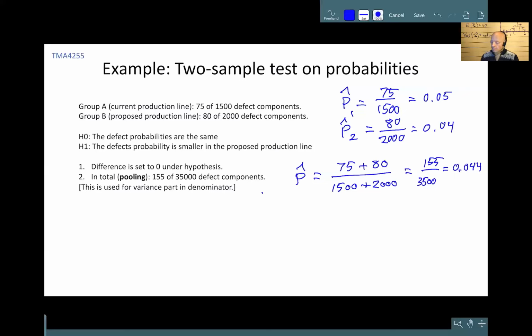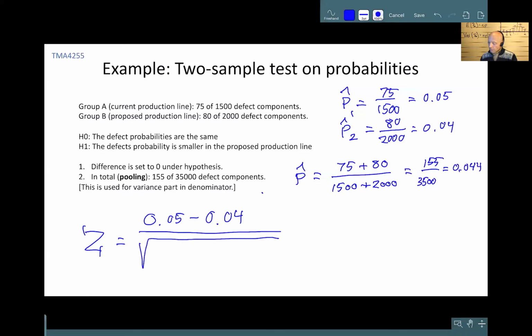And we can then compute z, which is 0.05 minus 0.04 divided by this number, 0.044 times 0.956 times 1 over 1,500 plus 1 over 2,000. That's our sample sizes. What do we get?